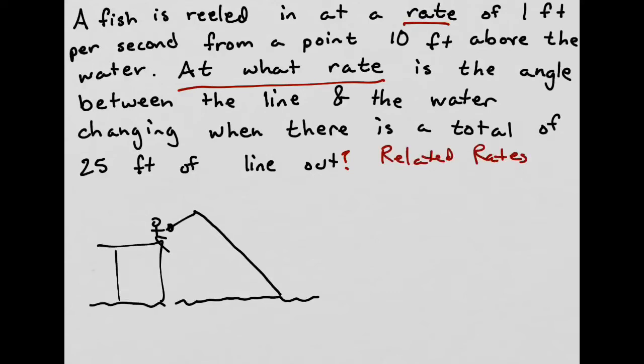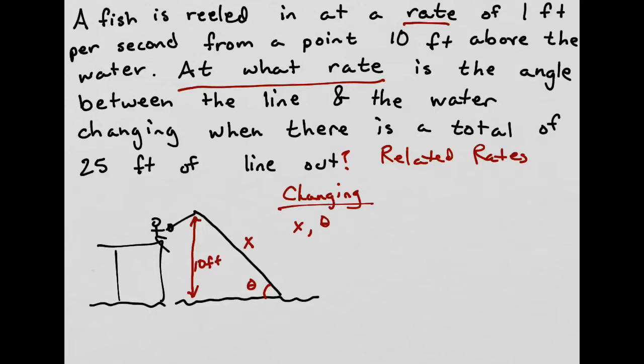So I'm going to go in and label some things here. We have that the top of the fishing pole is 10 feet up. This is the angle we're looking at, theta. And the distance of our line we're going to say is x. When we're looking at this, the things that are changing are x and theta. Again, only notice the things that are changing, not the rates.